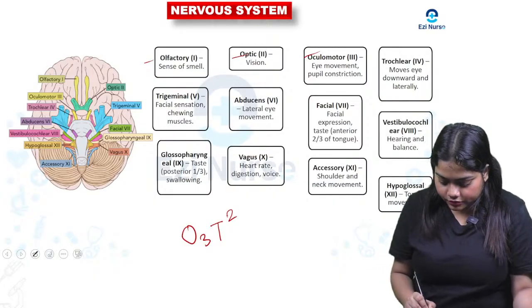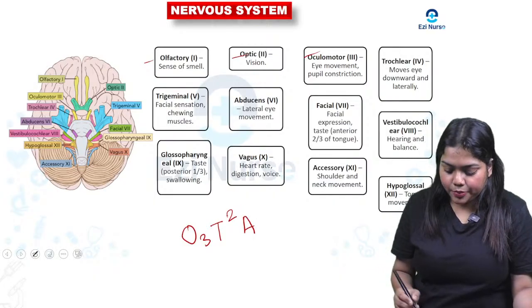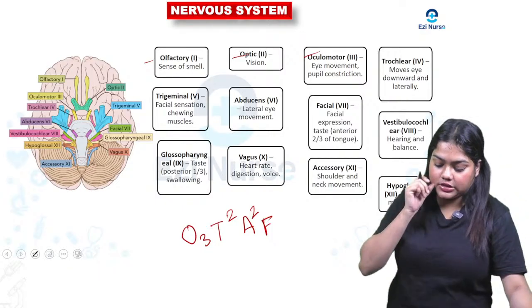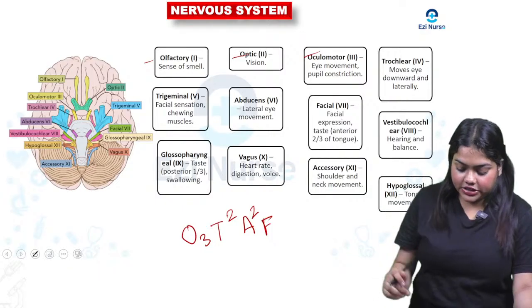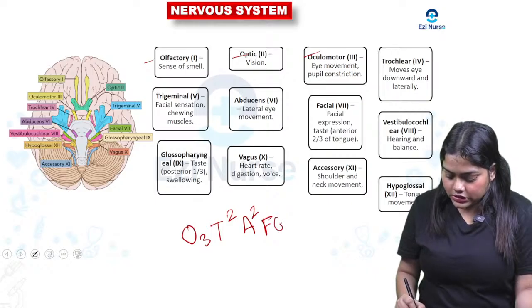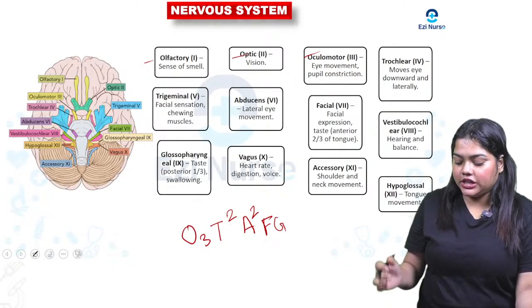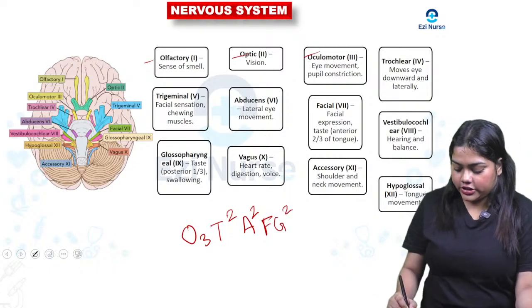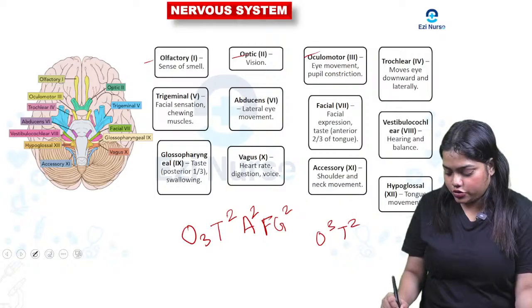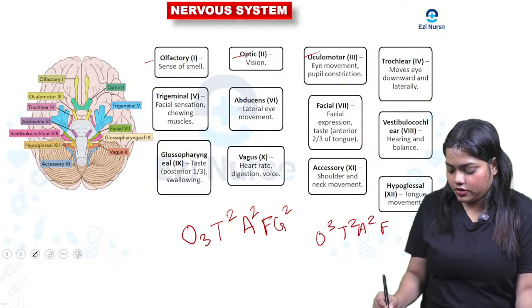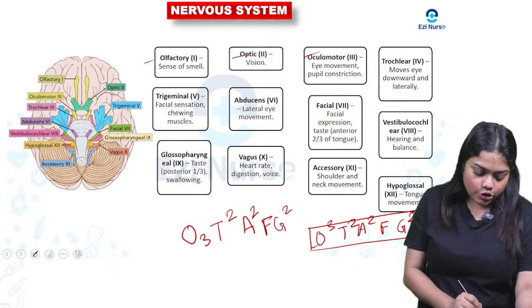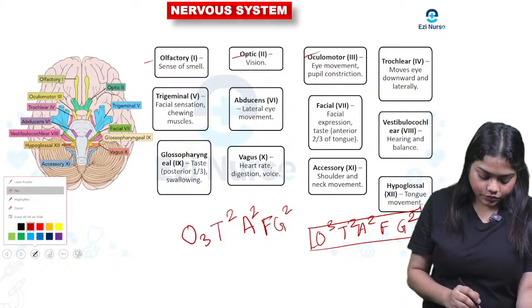Then A2 for abducens and accessory. F for facial nerve. G for glossopharyngeal, and lastly V for vagus and vestibulocochlear. Okay, G2. So it is O3, T2, A2, F, G2. This is the simplest formula to remember the cranial nerves.